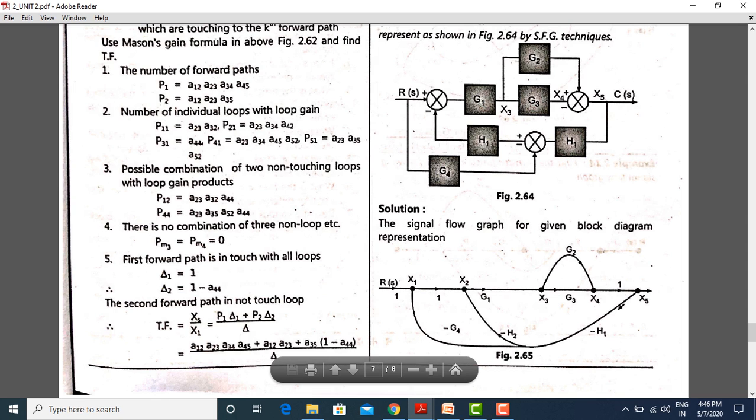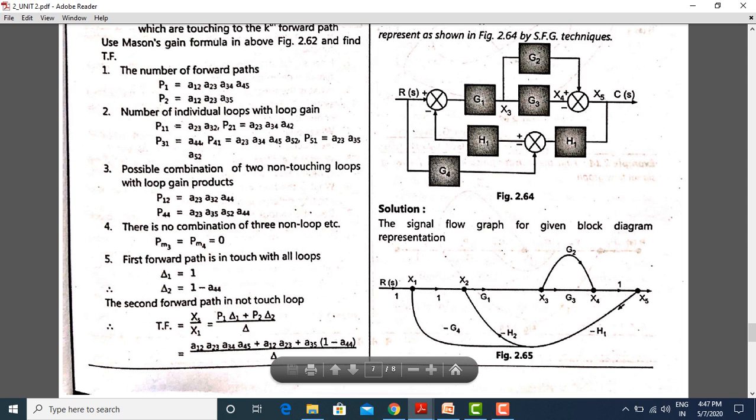Now moving towards next, so I have taken here one node. This will shift from x5 to h1, so gain will be minus h1. From this point to x2, the gain will be minus h2, this is a print mistake, h2.